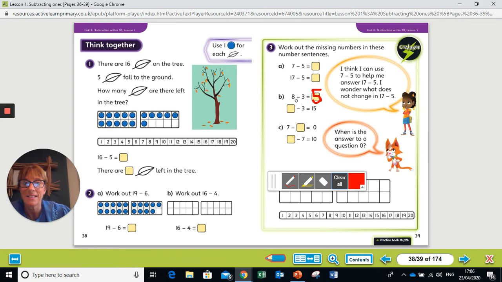We know 8 take away 3, we've got 5 ones. We've got 10 there. What number do we think we could be starting with? If 8 take away 3 is 5, what number take away 3 is 15?